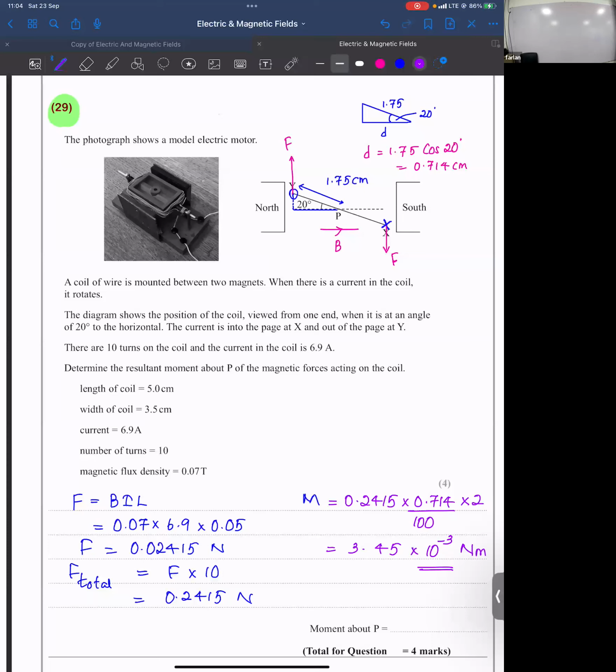So can you explain how it is supposed to be done? Fleming's left hand rule, it's not working. Why it's not working, I don't know. Here the current is into the page. Yeah. If B is this way. How is it correct? You read the question. From the point X it is into the page. From the point 5 it is out of the page. Current is going like this.